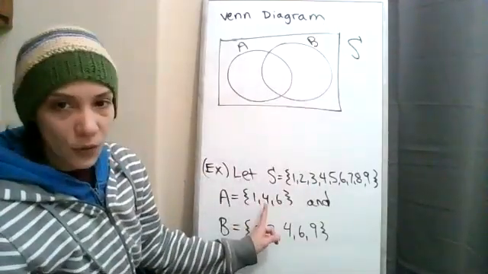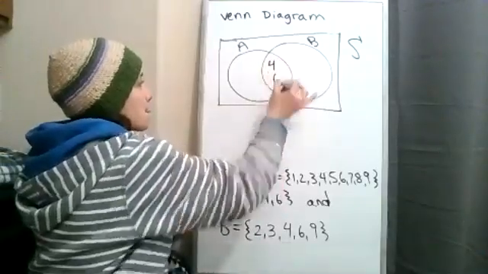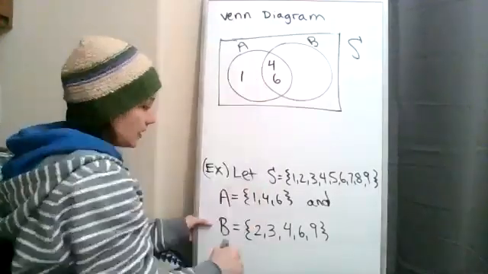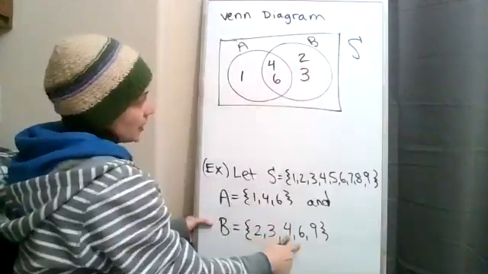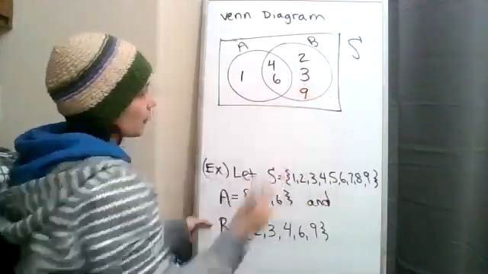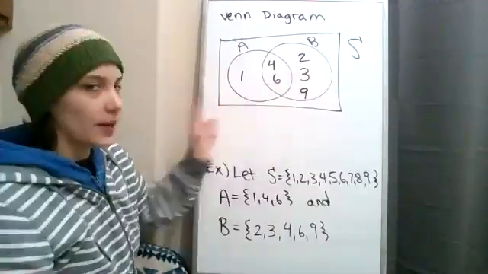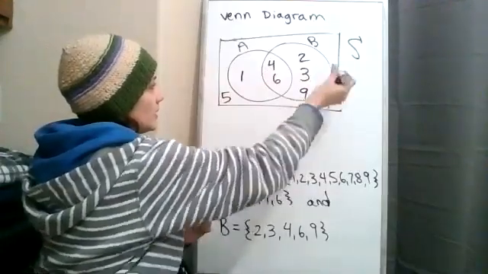Let's see, they have 4 and 6 in common. Put 1 here, 2, 3, 4, 6, 9. And check. We have everything: 1, 2, 3, 4, 5, 6, 7, 8.